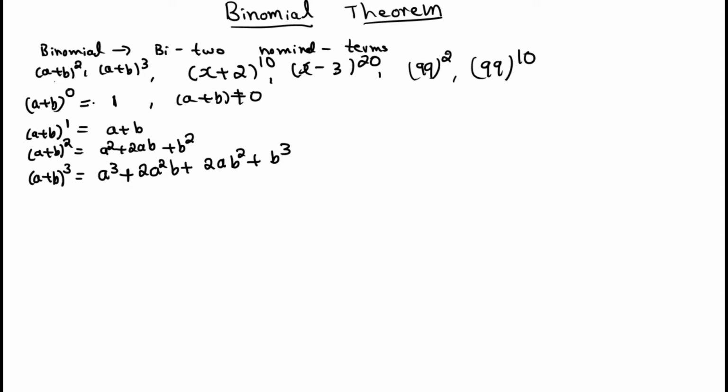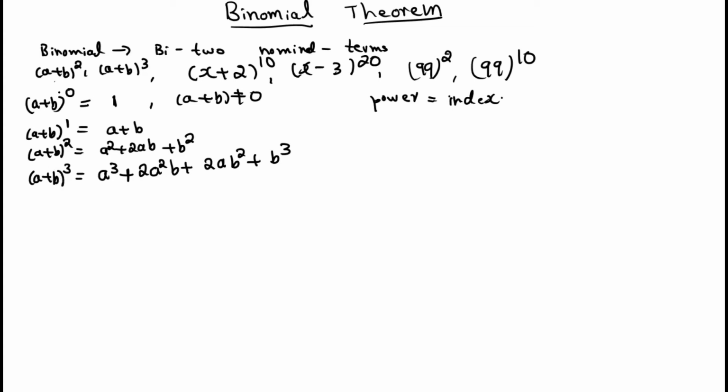Now consider these four expressions. Here in binomial theorem, the power of the expression we call the index. Index of the expression. Now see here, what is the index? In the first case, index equal to 0, second case index equal to 1, third case index equal to 2, and the fourth case index is equal to 3.